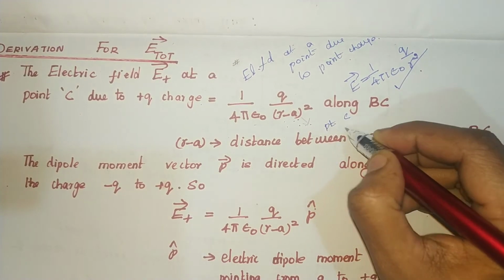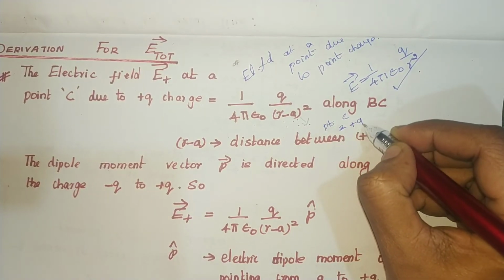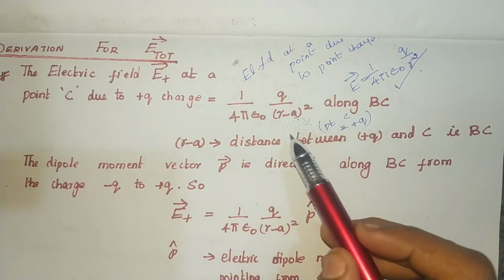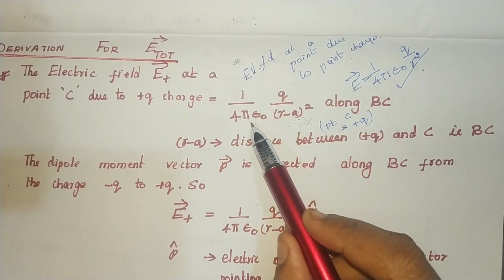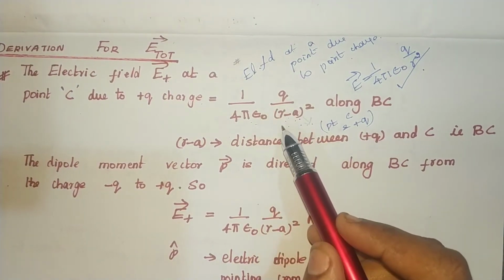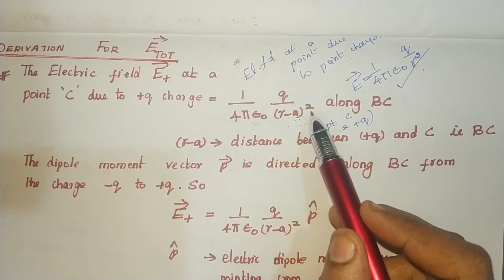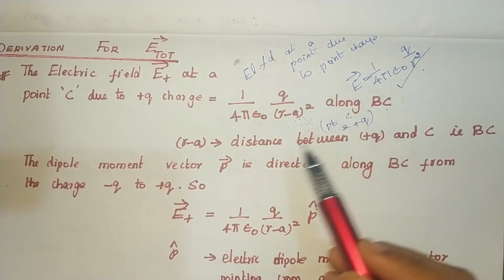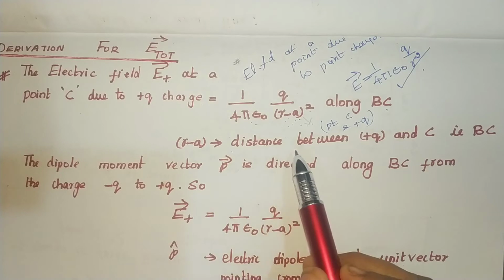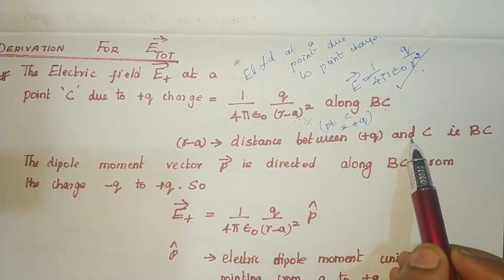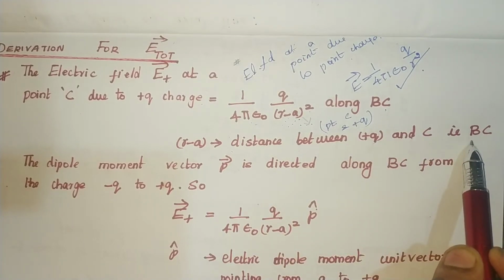In between distance is r minus a. அப்போ 1 by 4 pi epsilon naught q by r minus a the whole square. அப்போ r minus a is the distance between plus q and C, that is nothing but BC.